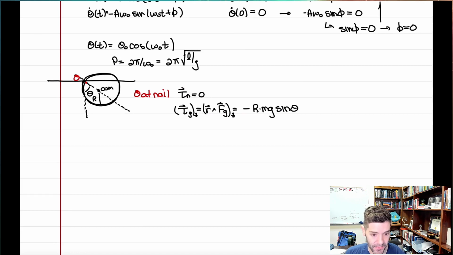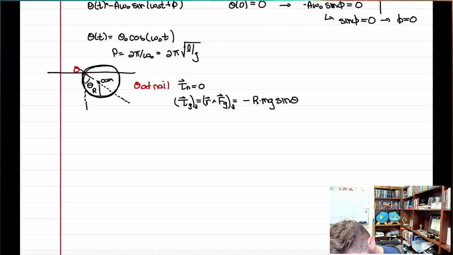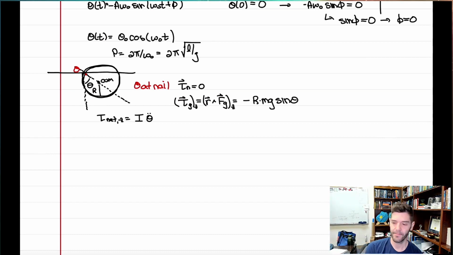And it has magnitude given by their product times the sine of the angle between them. All right. And that's the only torque acting on the hoop. So I know the net torque in the z direction better equal the rotational inertia of the hoop times the angular acceleration, or theta double dot in this case.